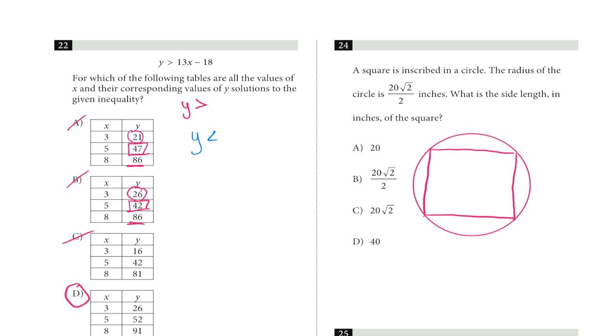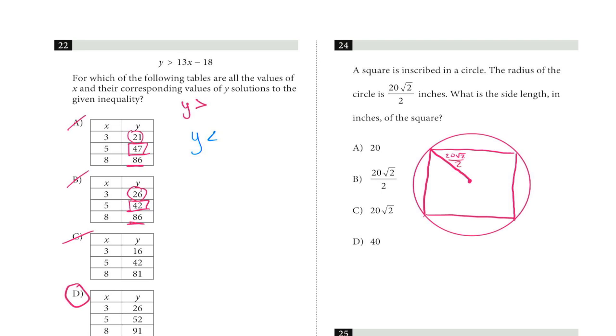So we want to draw the radius so that it nicely touches both the circle and the square. So I'm going to draw the radius here, because you notice it touches nicely in the corner of the square and it touches nicely in the circle. So we know that this radius is 20 root 2 over 2.